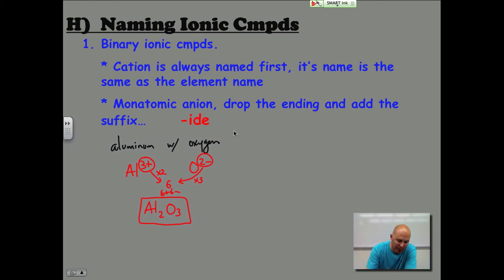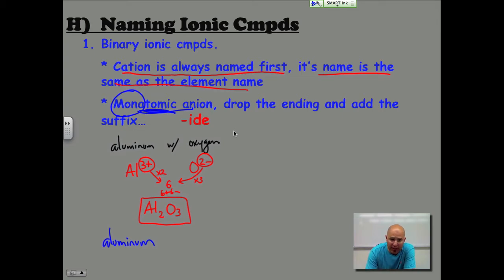Now to name it, the cation is always named first, and its name is the same as the element name. So we would just name this aluminum. We have a monatomic anion. What I mean by monatomic, one atom, mono or monatomic anion.